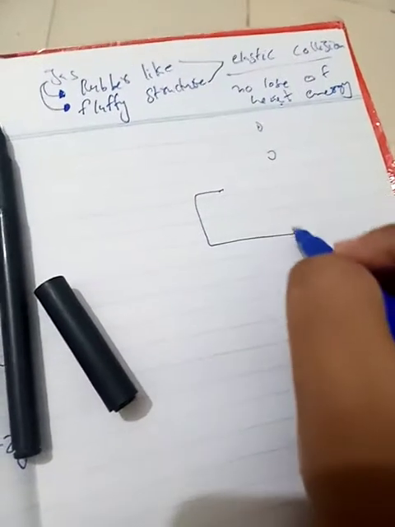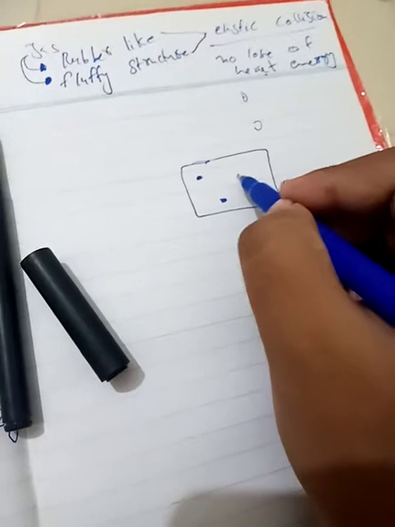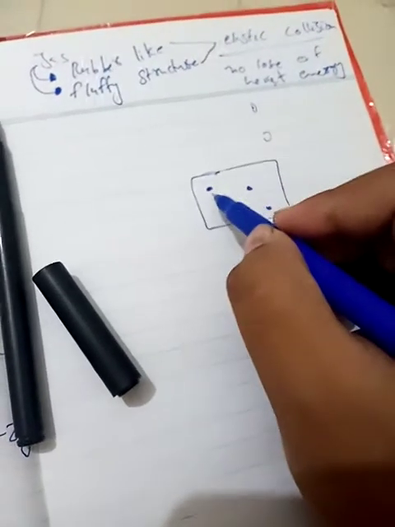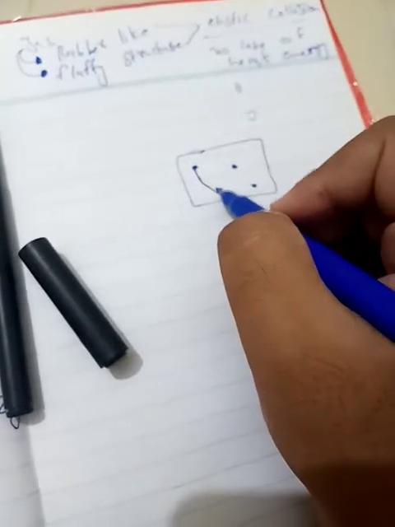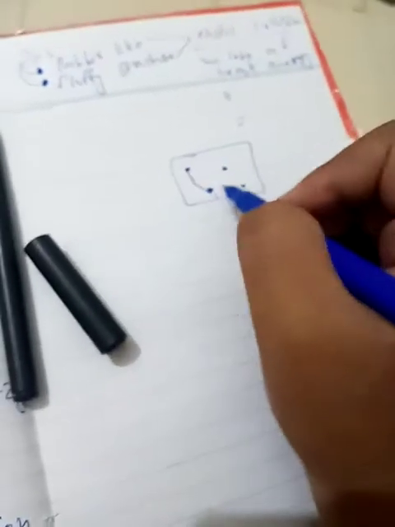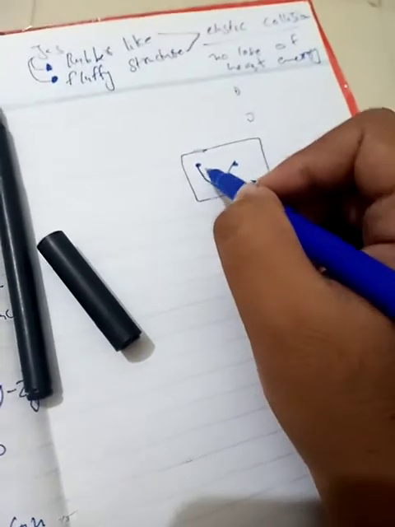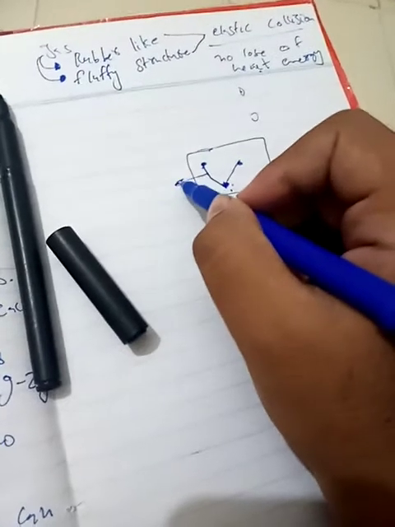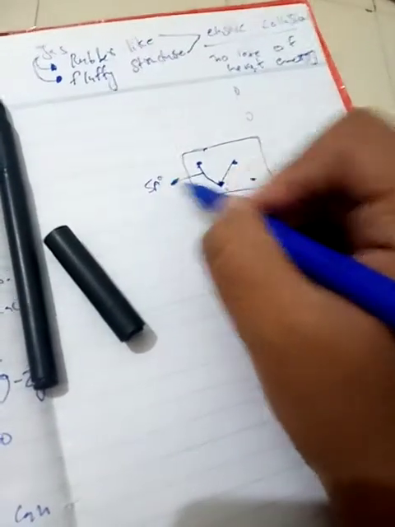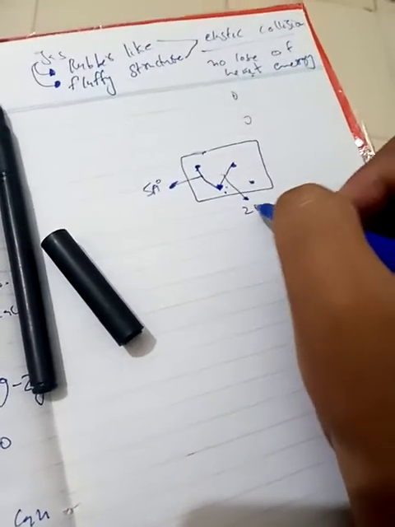For example, here we have a container, and here we have gases. This one gas molecule was going in a straight line, but when it collided with another one, it changed its direction. For example, it traveled from here to there around 5 angstrom, and from here to there around 2 angstrom.